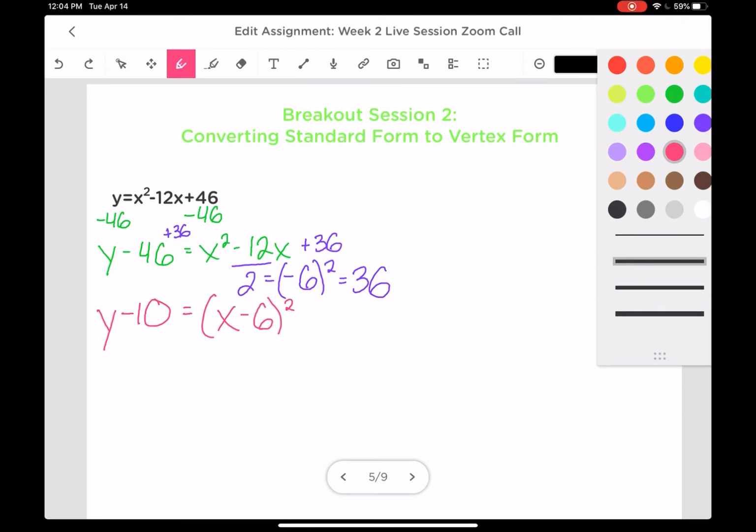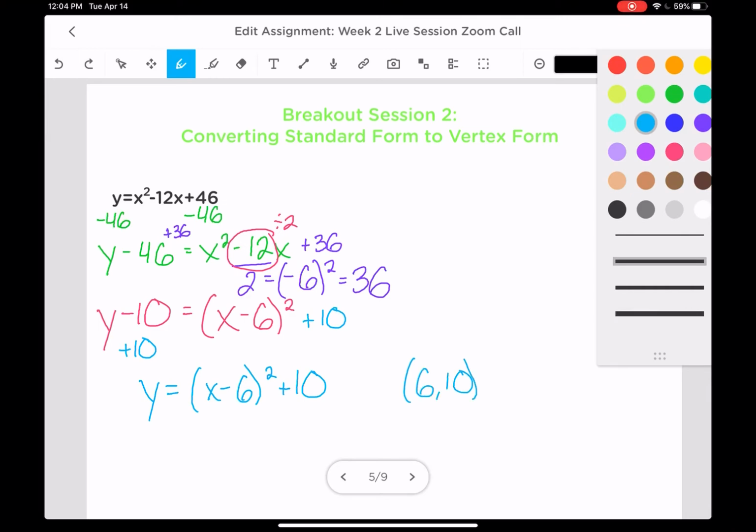Again, this number inside the parentheses is always b divided by 2. The last thing you need to do is get y completely by itself. So in this example, I'm going to add 10 to both sides. And I get y equals x minus 6 squared plus 10. And in this example, your vertex would be at positive 6, positive 10.